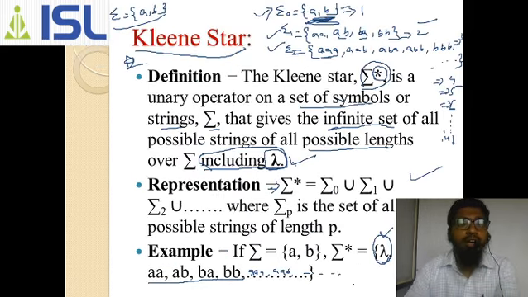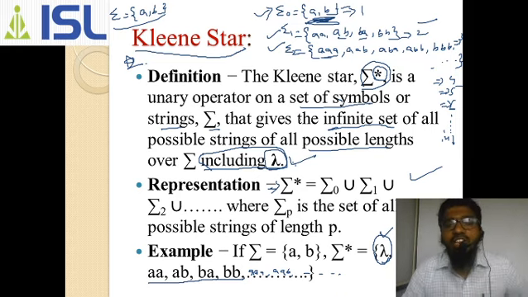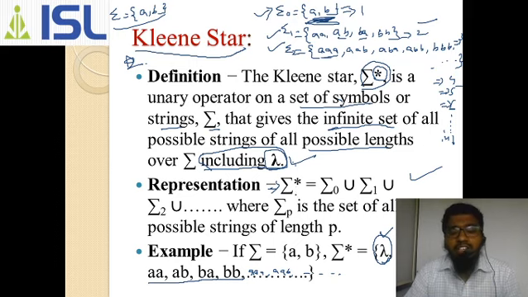Okay, empty string. Then Kleene Star we studied. What is Kleene Star? Kleene Star includes lambda, and it is a unary operator on a set of symbols or strings sigma that gives the infinite set of all possible strings of all possible lengths. Now the representation: sigma star is equal to sigma 0 union sigma 1 union sigma 2 and so on.